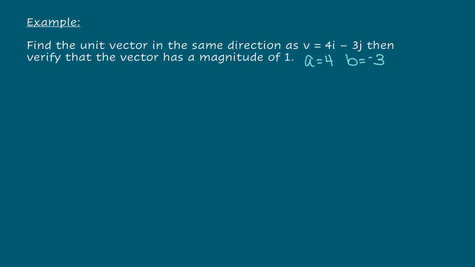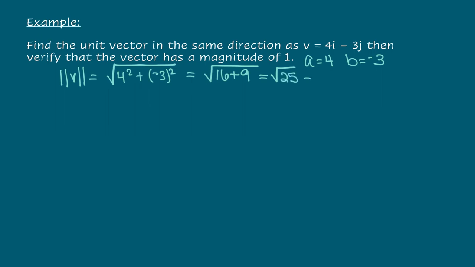So finding our magnitude is going to be the square root of a squared plus b squared. So 4 squared plus negative 3 squared is going to be the square root of 16 plus 9, which equals the square root of 25, which equals 5. So there's my magnitude.